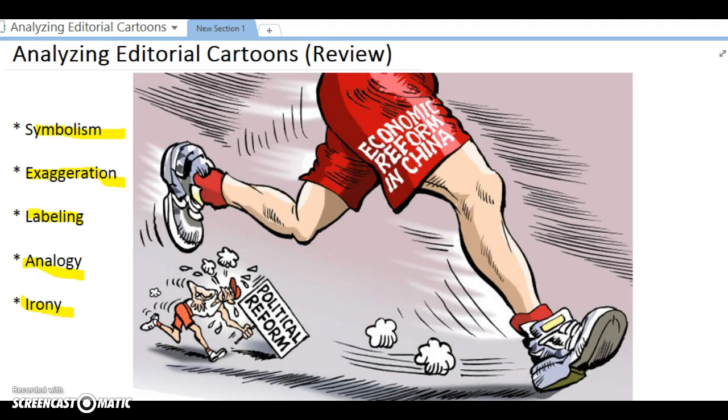As I said in the beginning, you will be exposed to cartoons that were drawn many years ago, as well as cartoons that are drawn today to represent current events. Please use this information in looking at these types of cartoons, and please see me if you have any questions on analyzing editorial cartoons.